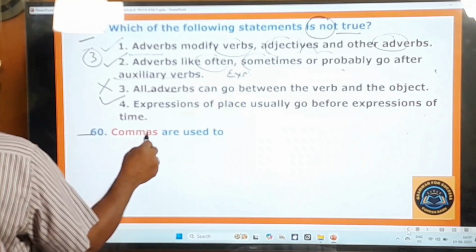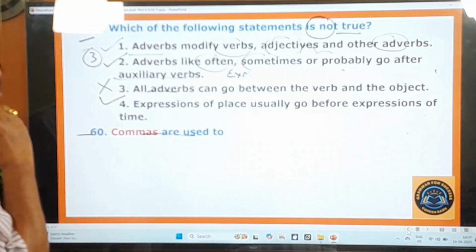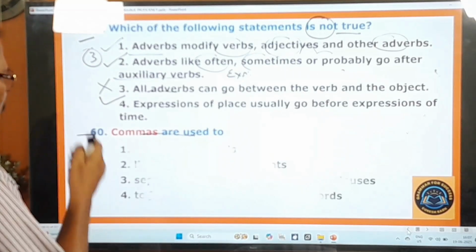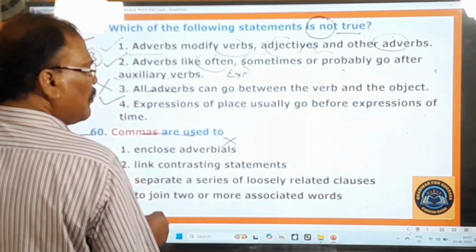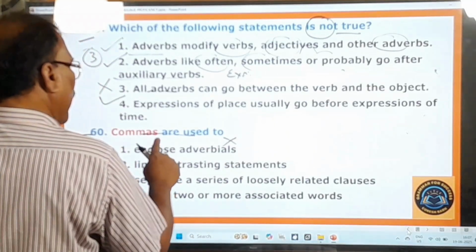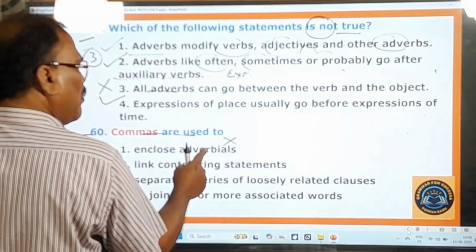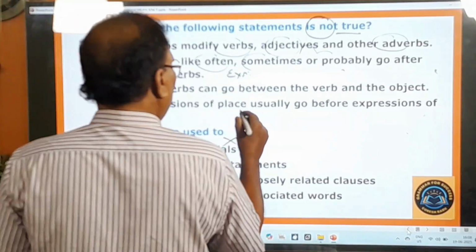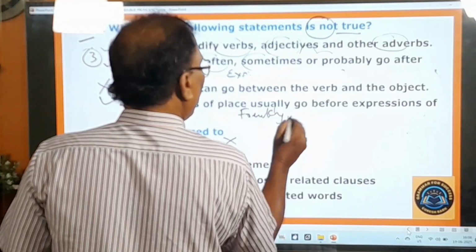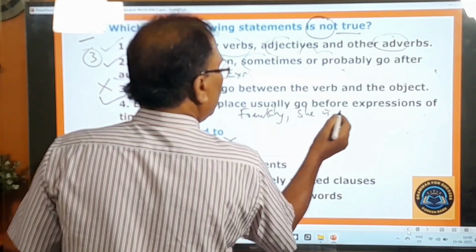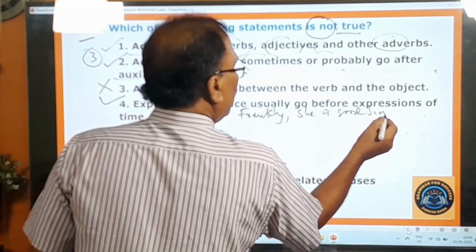60th question. Commas are used. Where are the commas used? Enclosed adverbials. No, they are not used to enclose adverbials. For example, the adverbial: Frankly, she's a good singer.